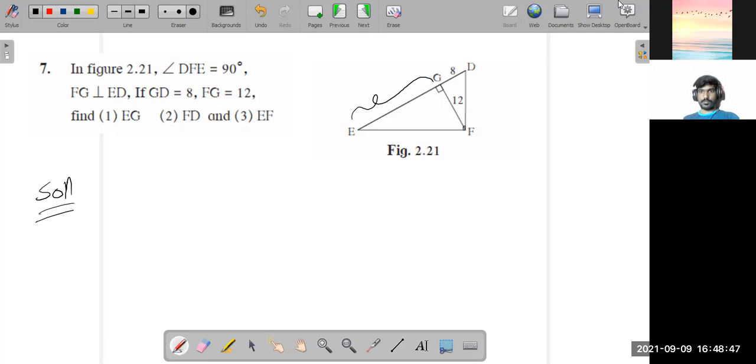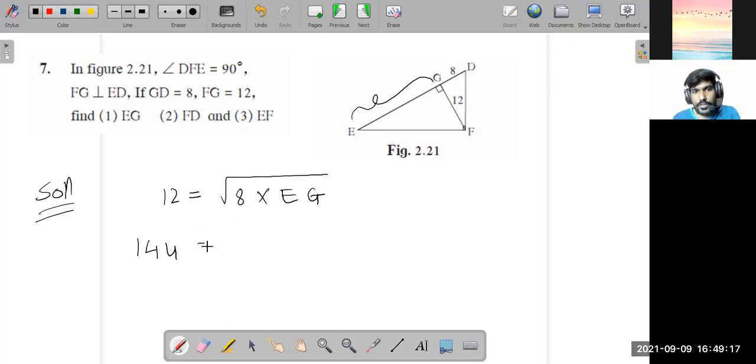I've got 12 equals root 8 into GE, so first I should separate the root. No, take the square of both sides.